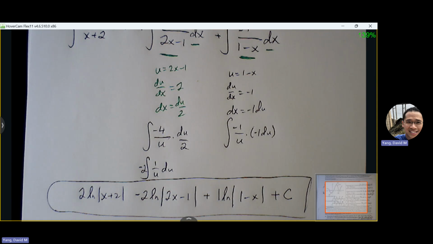Okay, any questions there? Try number five, we can work with that denominator, right? Get that denominator, factor it out.